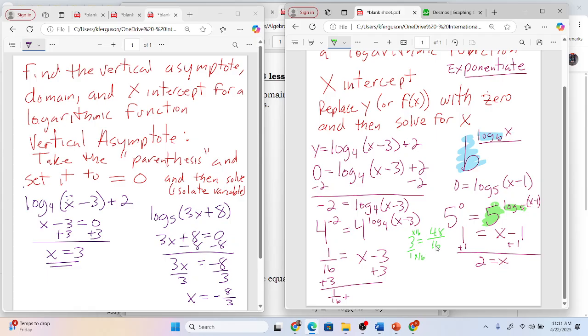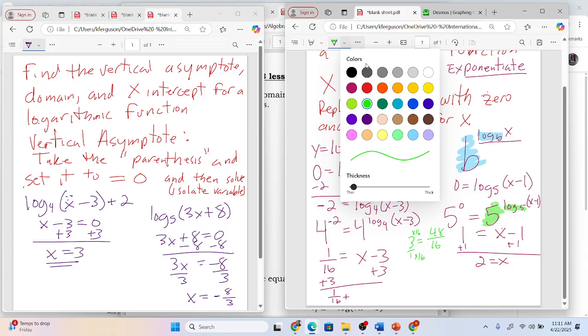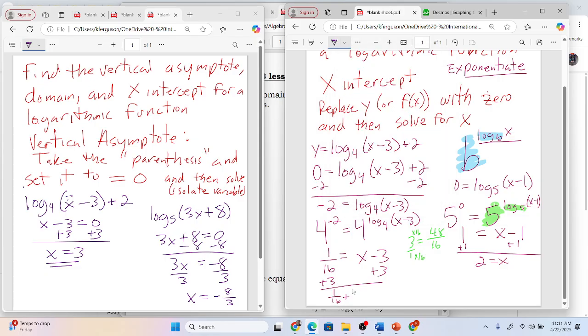So it's 48 over 16. So I'm going to have 1 over 16 plus 48 over 16 equals x. So my x is going to equal 49 over 16. You can't reduce it, and that's how it looks. Not all that cute, but that's the answer to the problem.